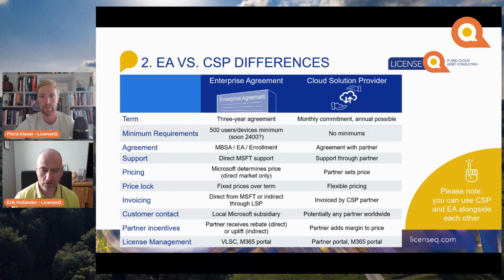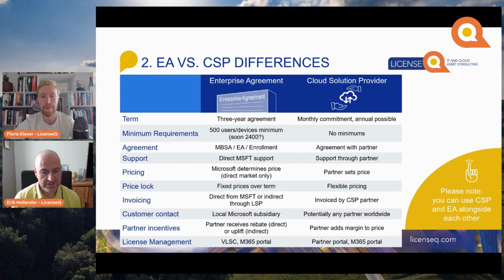Within CSP, all is being led by your partner. So you will have to make an appointment with your partner when it comes to law, when it comes to the product use specific for your organization. It all should be done by your partner and yourself.